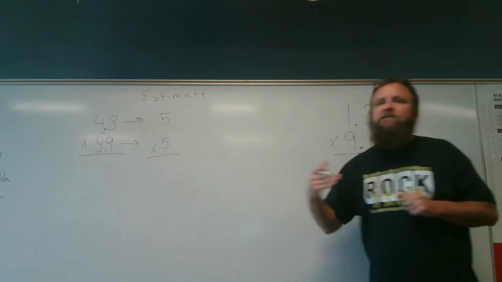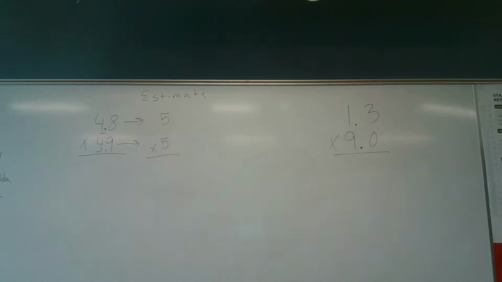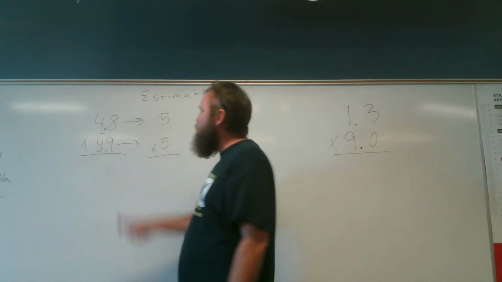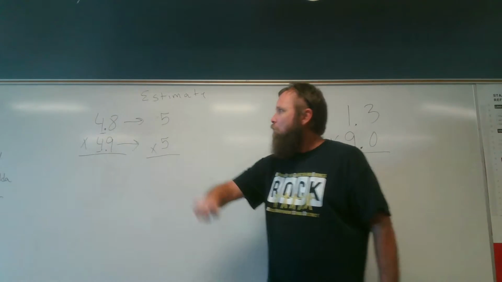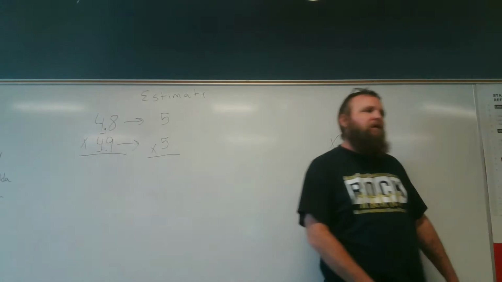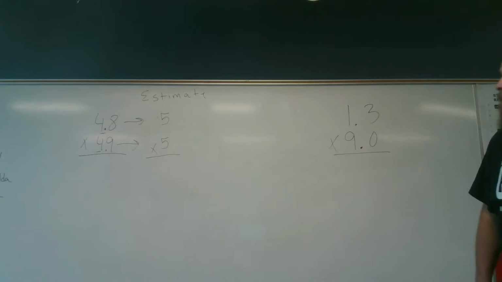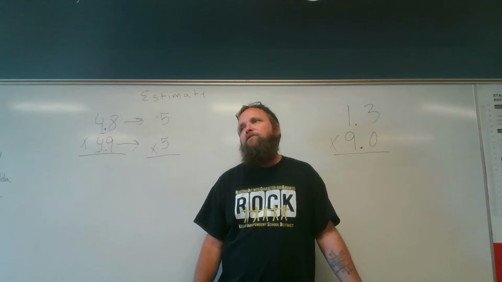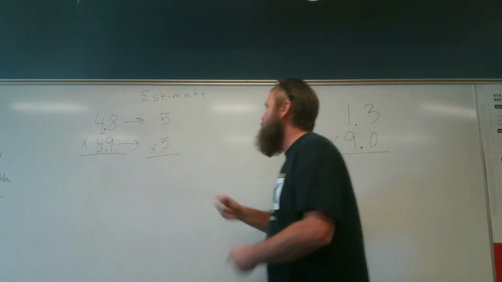Now this is going to give us an estimate of what our answer will be near. This isn't our exact answer because we're not multiplying 5 times 5. We're multiplying 4 8/10 times 4 9/10. So, Sanaya, what is 5 times 5? 25.